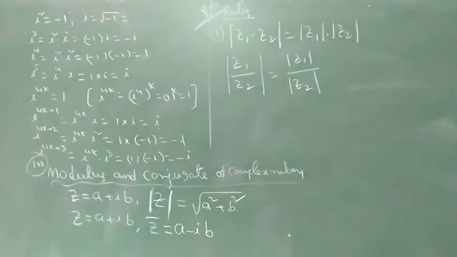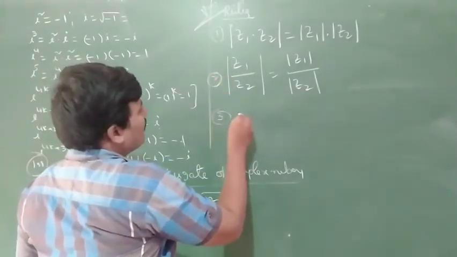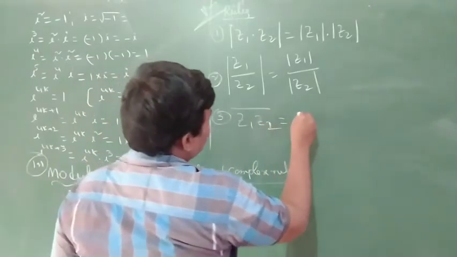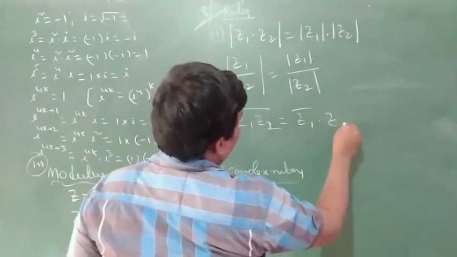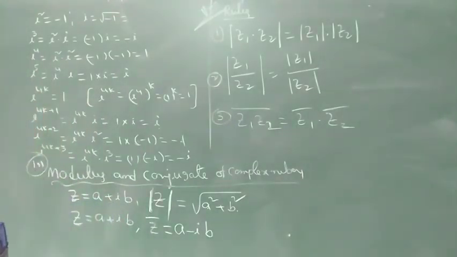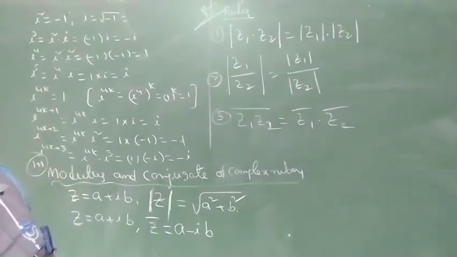Next, the conjugate rules. The third rule: conjugate of z1 into z2, whole bar, is equal to z1 bar into z2 bar. Conjugate of z1 into z2 is equal to conjugate of z1 into conjugate of z2.